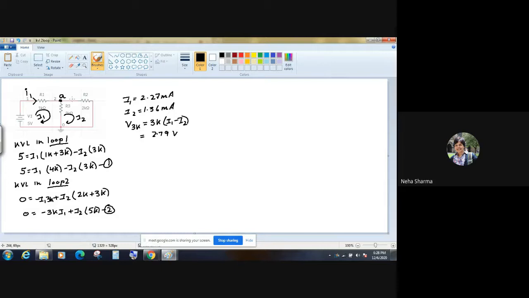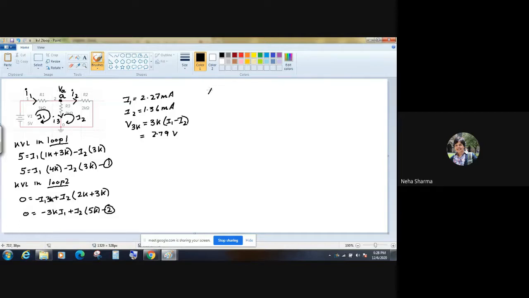Likewise, I can assume that the current here is small i2, and let the current flowing through this be small i3. Now I am doing the same exercise using node analysis, and I assume that the voltage here is VA.